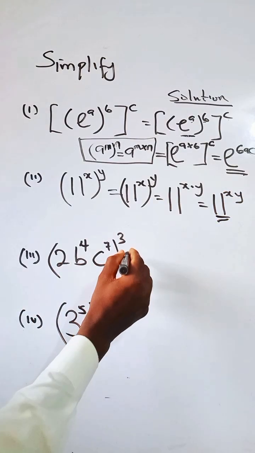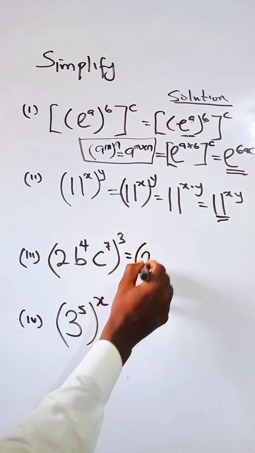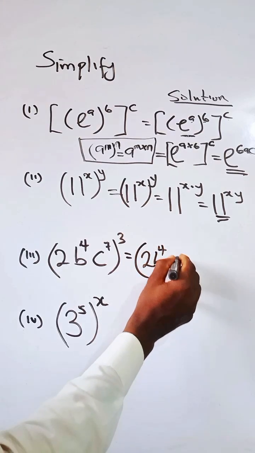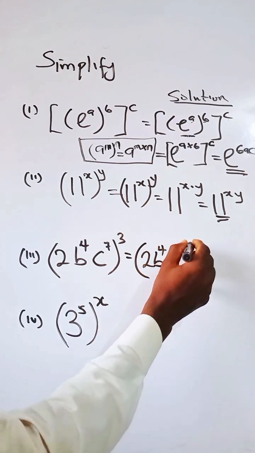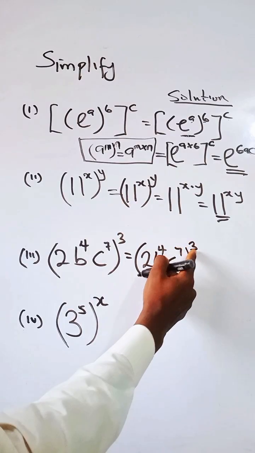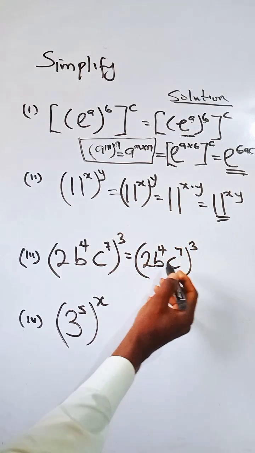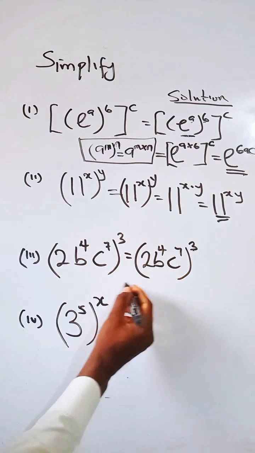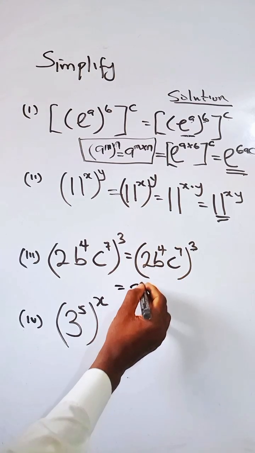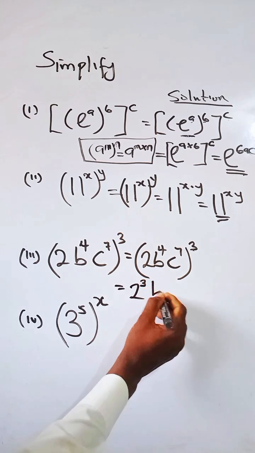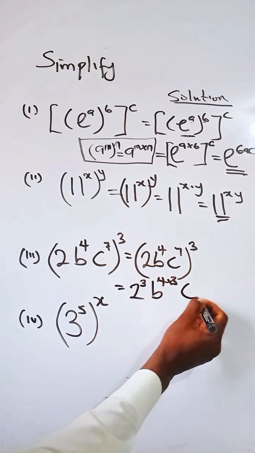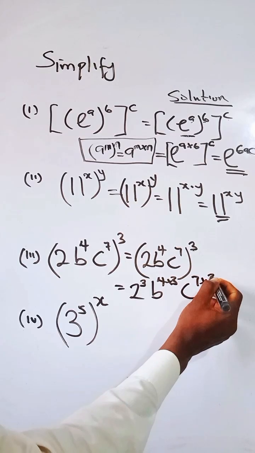For the third expression, we have in the bracket 2b raised to power 4, c raised to power 7, with an external power of 3. So for this 3, we express what we have within the bracket as 2 raised to power 3, b raised to power 4 times 3, c raised to power 7 times 3.